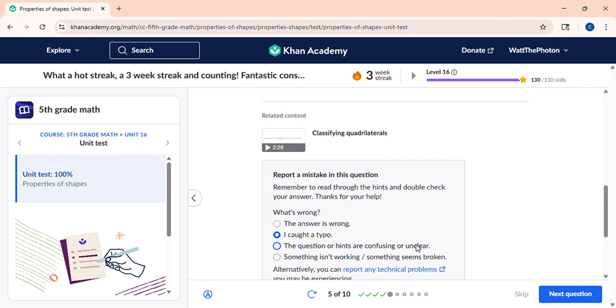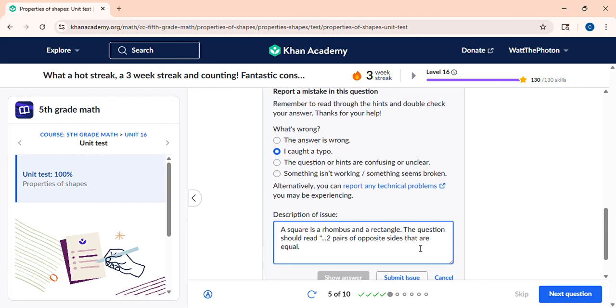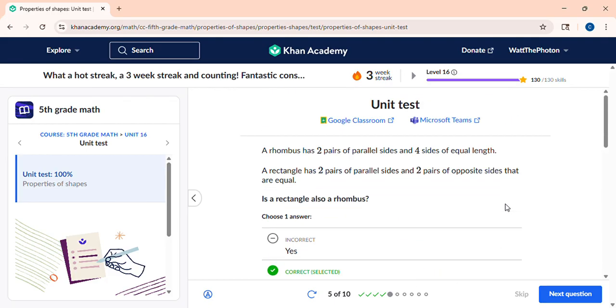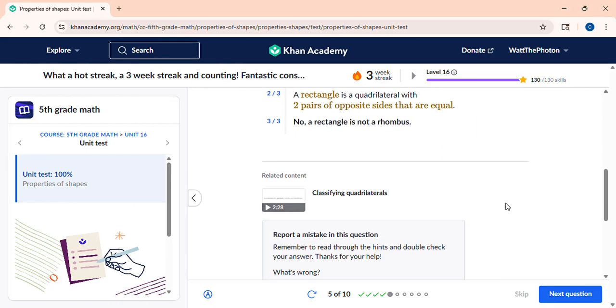Very confusing. I don't like this question. A rectangle has two pairs of parallel sides and two pairs of opposite sides that are equal.